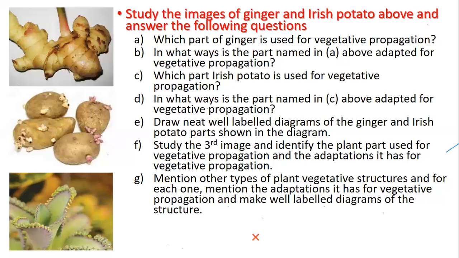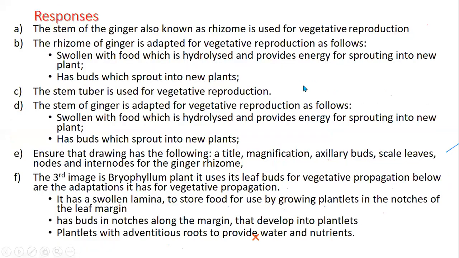So I hope the adaptations are clear. Now, when you talk about the Irish potato, we use its stem tuber for vegetative reproduction, okay?